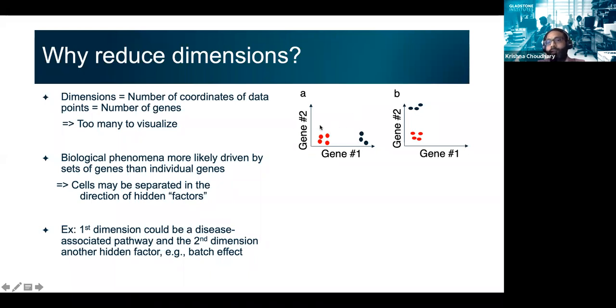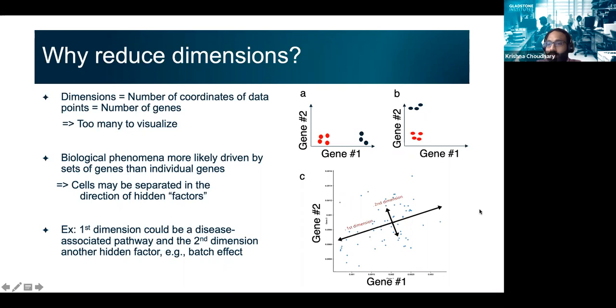This is just noise in the direction of gene 2. While if gene 2 were associated with the disease, then we may find that our data is distributed something like this, where the healthy cells have low expression of gene 2 and the disease cells have high expression of gene 2, while in the direction of gene 1 there is noisy spread, nothing associated with the factor of disease. Both the two clusters are spread along this direction. So that's what I mean by noisy spread.